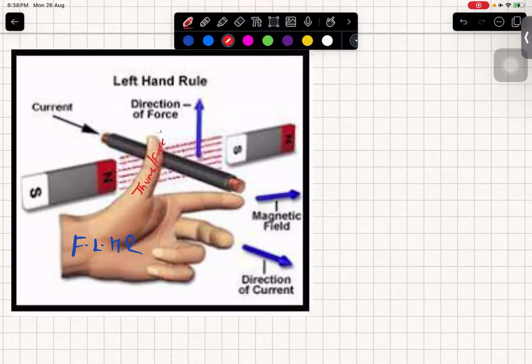The index finger, or you can say the first finger, field comes in it, right? So that's the direction of the magnetic field, which has to be from north pole to south pole. And this is the direction of current, the second finger. The C comes in, that's current, right?